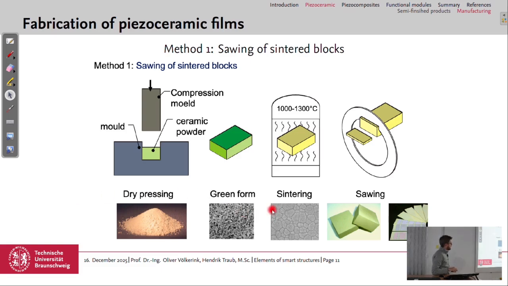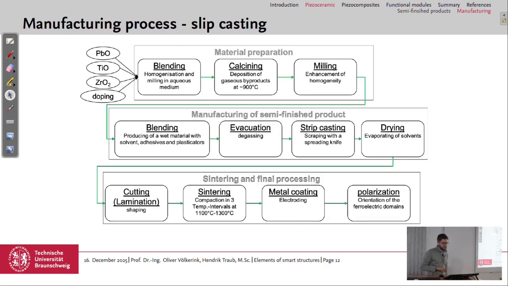And here you can see the grains after the sintering process, for example. There's a second manufacturing process called slip casting. The material preparation is basically the same. Then you blend it with the wet material: solvents, adhesives, and also plasticizers.